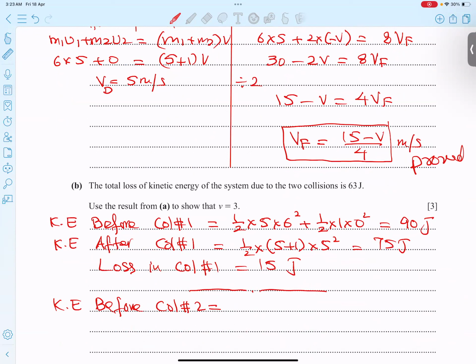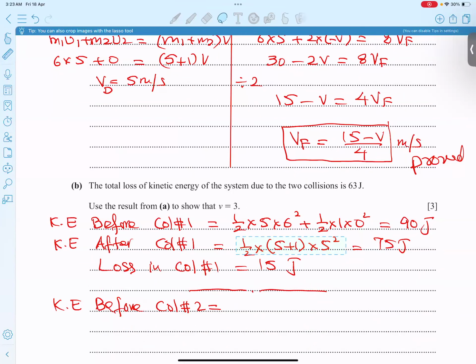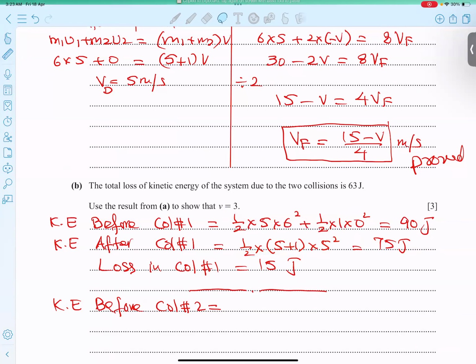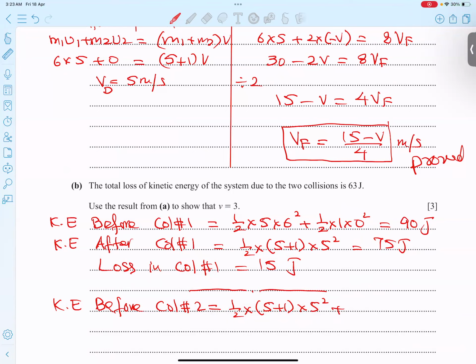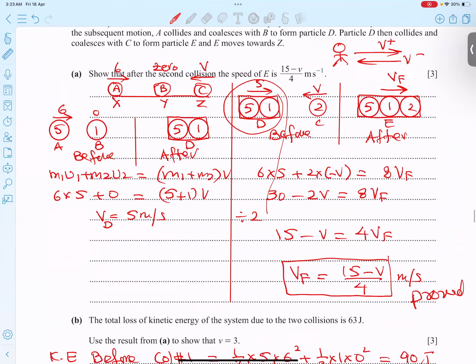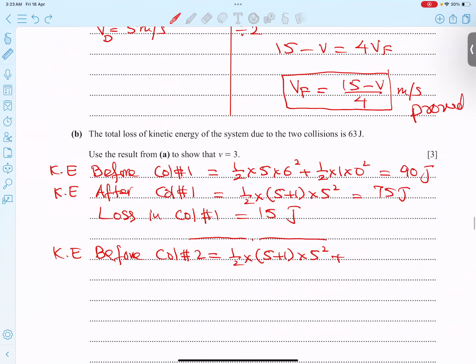And basically this part is coming once again, copy, paste, and plus. Because before, it is a combined particle, this one plus this one. So speed is v, and mass is 2. Half mv squared, 2 to cancel. This we have already, 75. So this turns out to be 75 plus v squared.